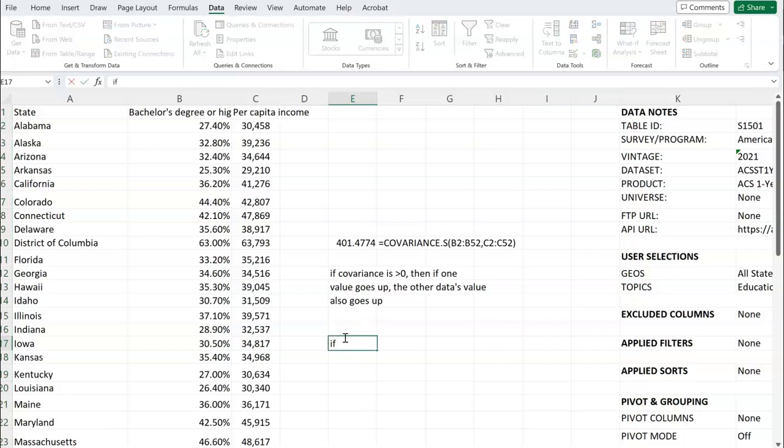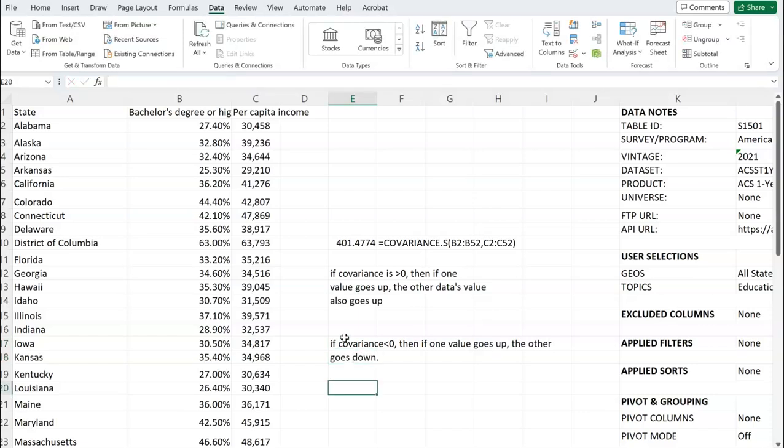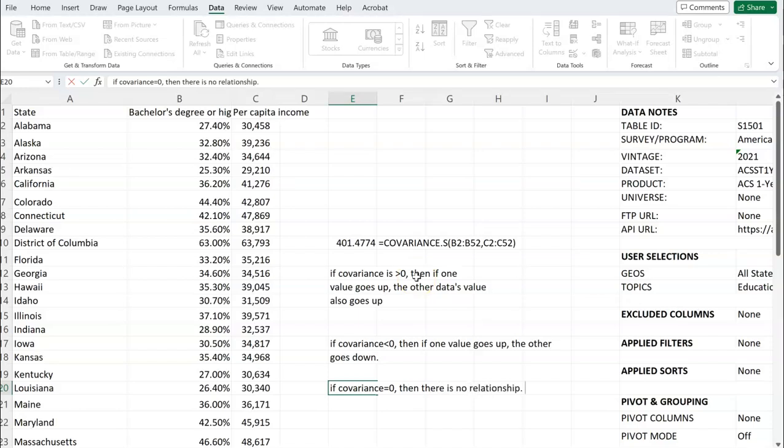That's all it tells. If covariance is less than 0, then if one value goes up, the other goes down. So they're negatively related. And if covariance equals 0, then there is no relationship between these two numbers. So this is covariance.